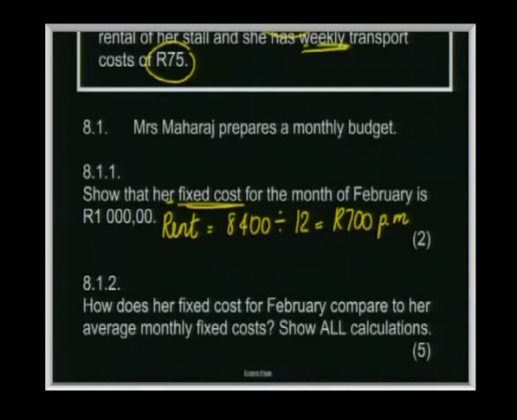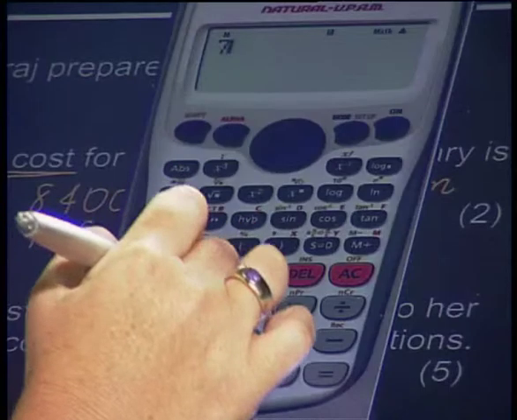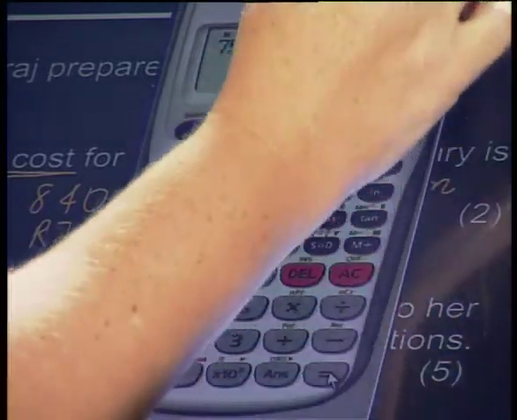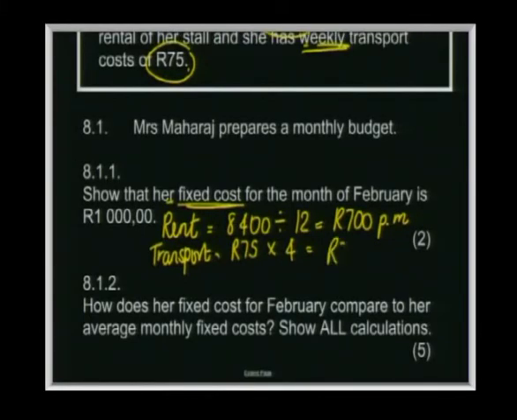Weekly transport means that every single week they're paying 75 rand, and there's generally 4 weeks in a month. So that's going to be my 75 rand times the 4 weeks, which 75 times 4 should give me 300 per month.